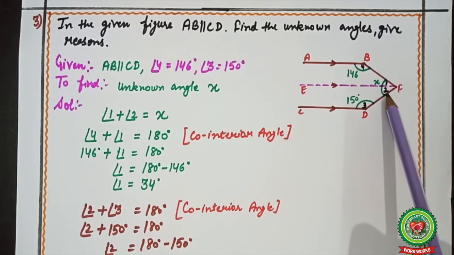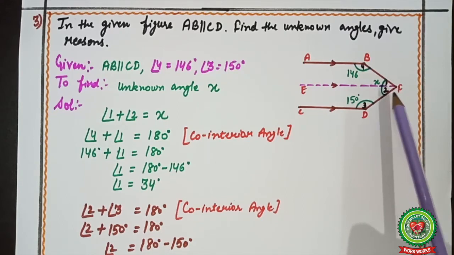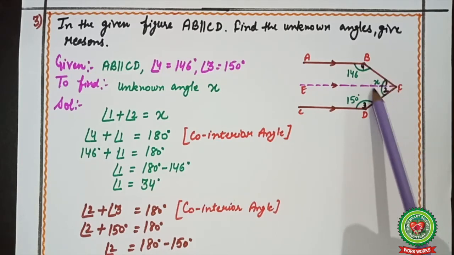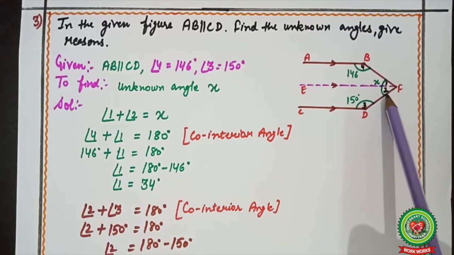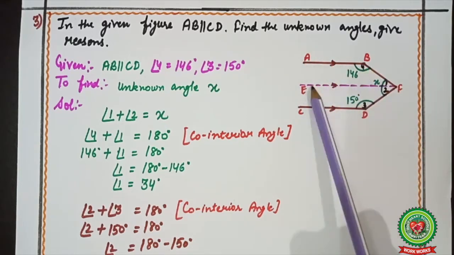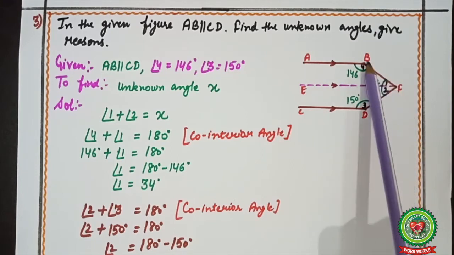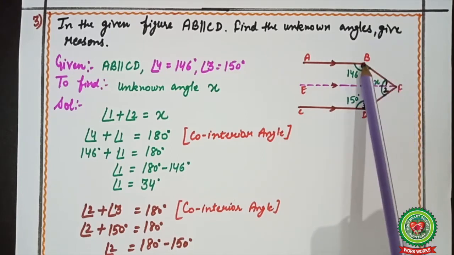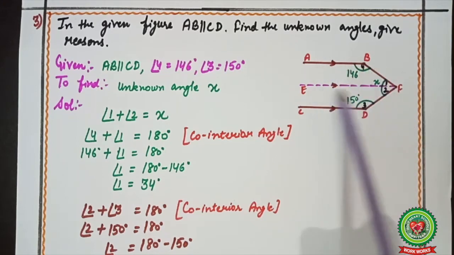Alright. Now what to do? Here you can see there is a way to find the value of x or these angles. When you have these two lines, AB is parallel to EF. Now BF is a kind of transversal, because if you extend this line, it will cut these two parallel lines, right?